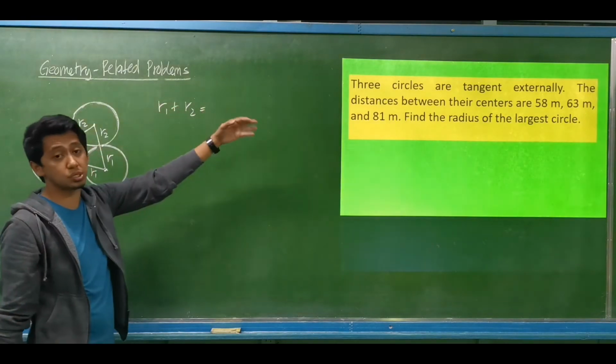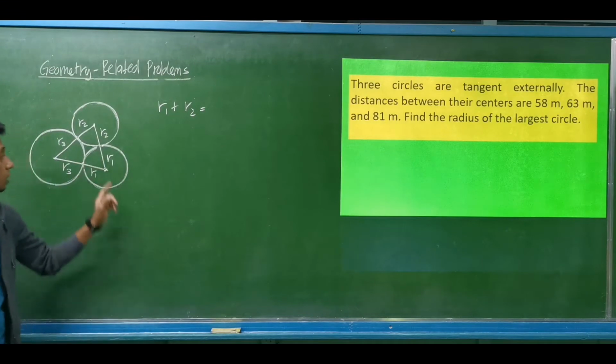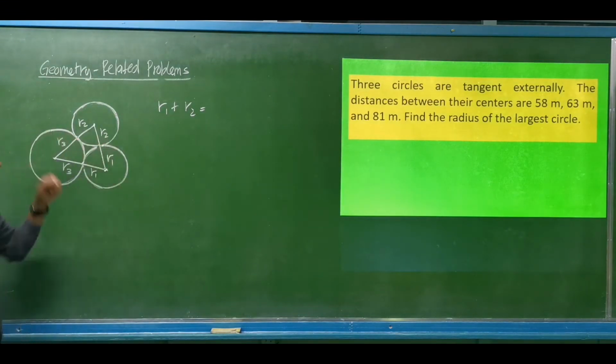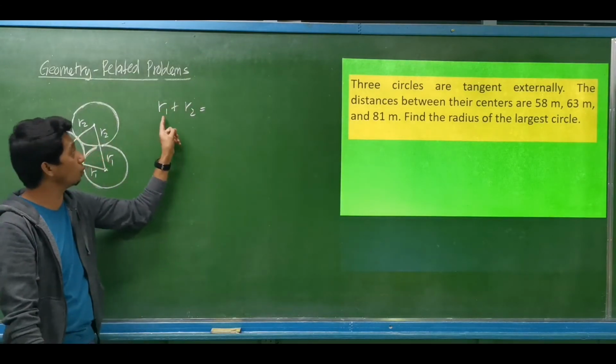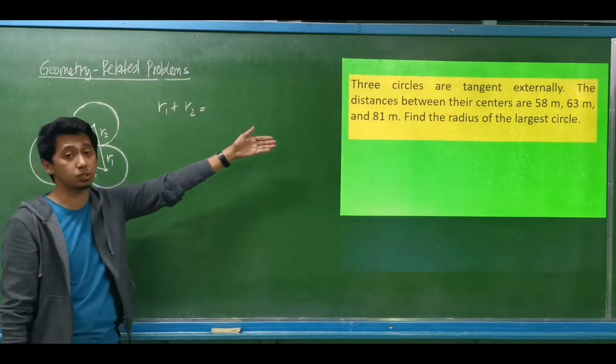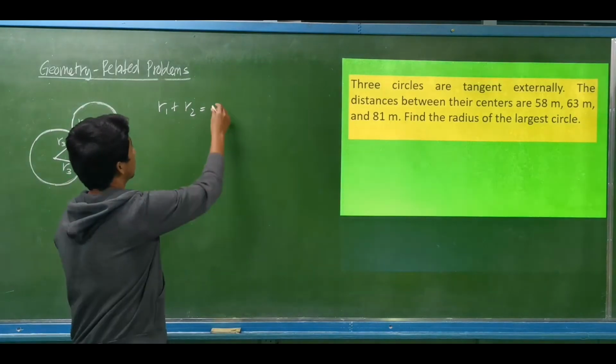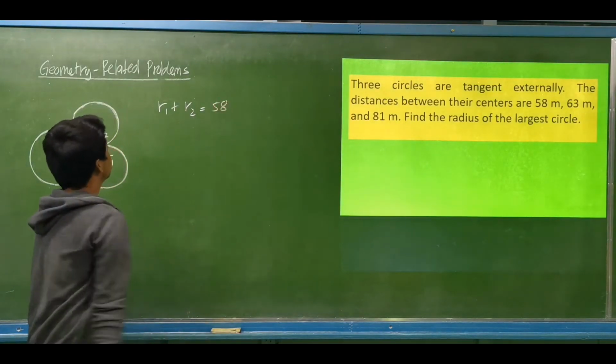So which among these three will be the distance R1 plus R2? This is a small circle plus a medium. So we will assume that R1 plus R2 will be the shortest distance, that is 58 meters.